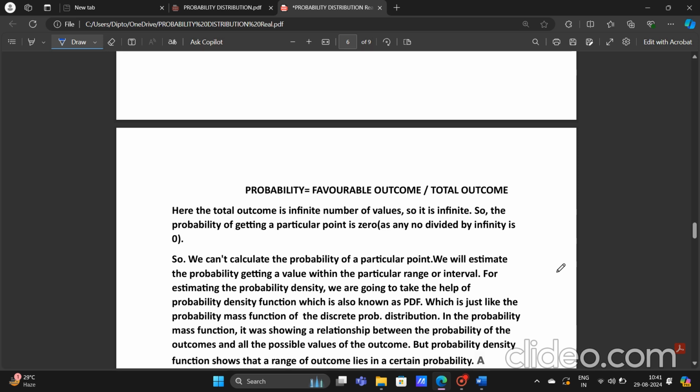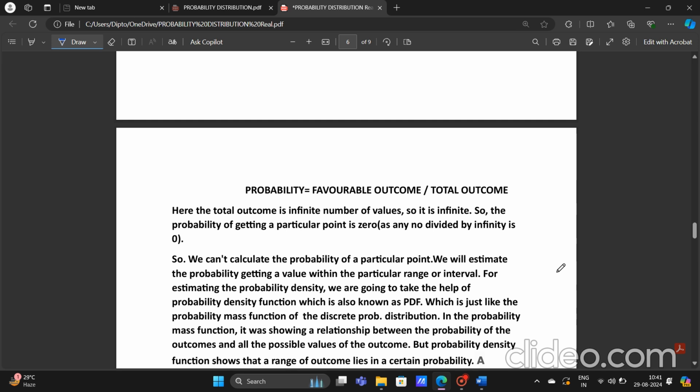Here the weight is a continuous variable, the formula is the same, favorable outcome by total outcome. But here the total outcome is not known to you, because the total outcome can be anything. The weights can be any number, it can be 15.1, 15.125, 52.1, 53.7, 59.2. So you can't define it by any definite number so that you can count it. It can be an infinite number of numbers.